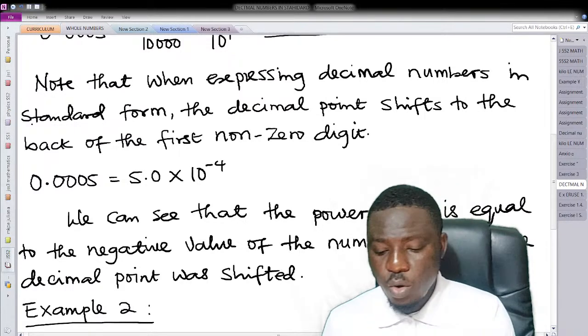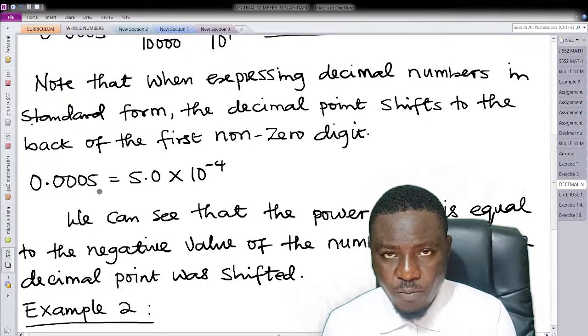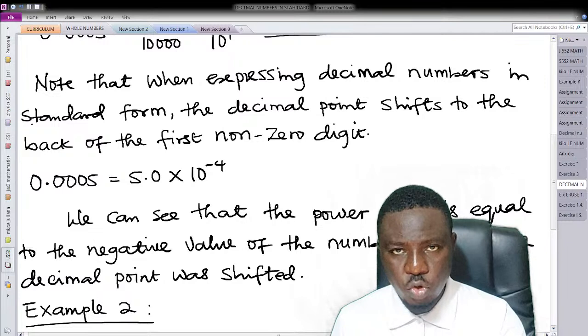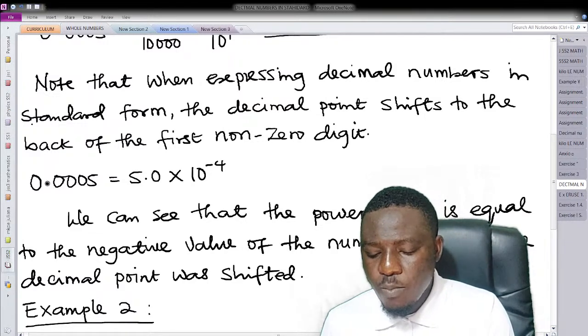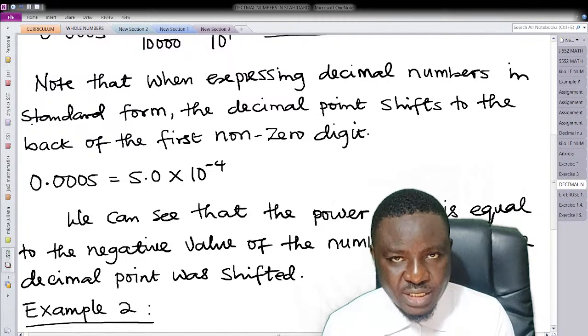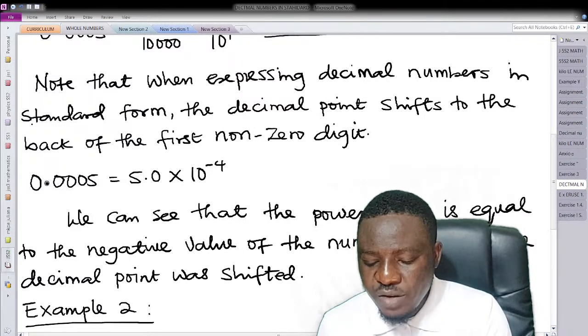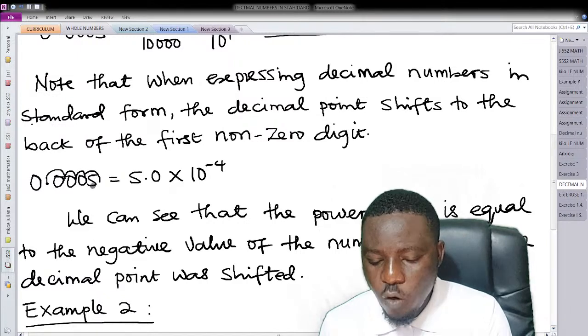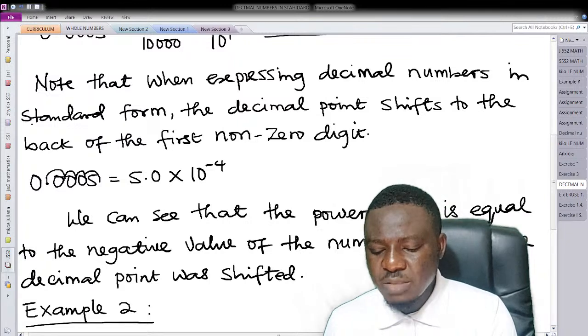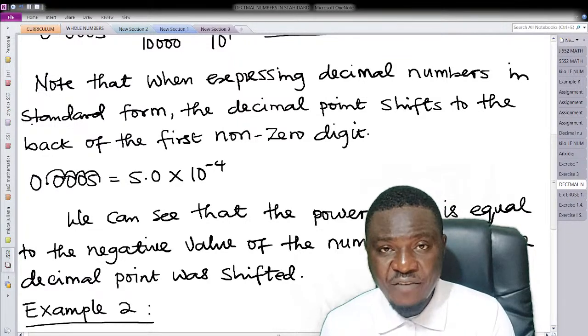That is to say, when you are to express this in standard form, other than expressing it as a fraction, which I just showed you, you can also move the decimal point until it gets to the back of the first non-zero digit. So when you move the decimal point, this becomes 1, 2, 3, 4. 5 happens to be the first non-zero digit. So the decimal point rests after 5.